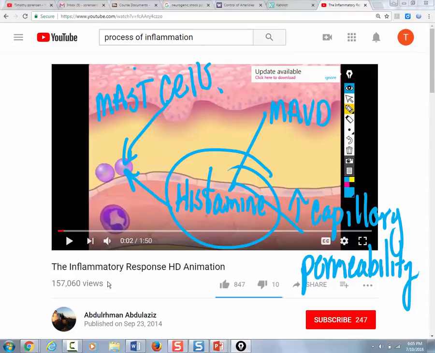Is swollen the same as inflammation? Swollen is a way of describing inflammation. The process of inflammation is what I'm explaining to you. The increased capillary permeability causes fluid from the bloodstream to leak into the interstitial space, and that causes the edema, the swollenness.